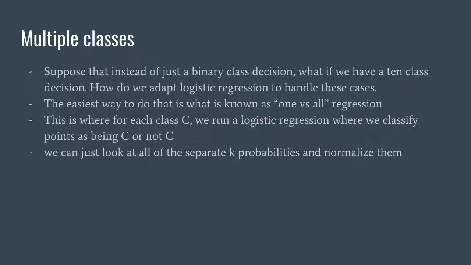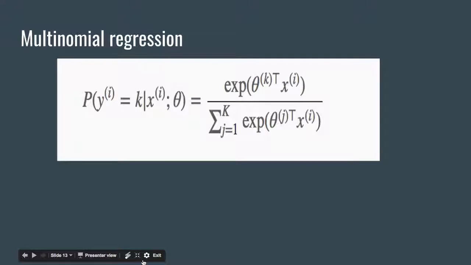Right, exactly. So that's one way of doing it, and another way of doing it is just 1 versus all. You get k probabilities, and then you normalize them. The way that we do that is we apply this function, and essentially, if you look here, theta transpose times x, we are still doing the same feature times weight multiplication we're used to, but this time we apply what's known as the softmax function.